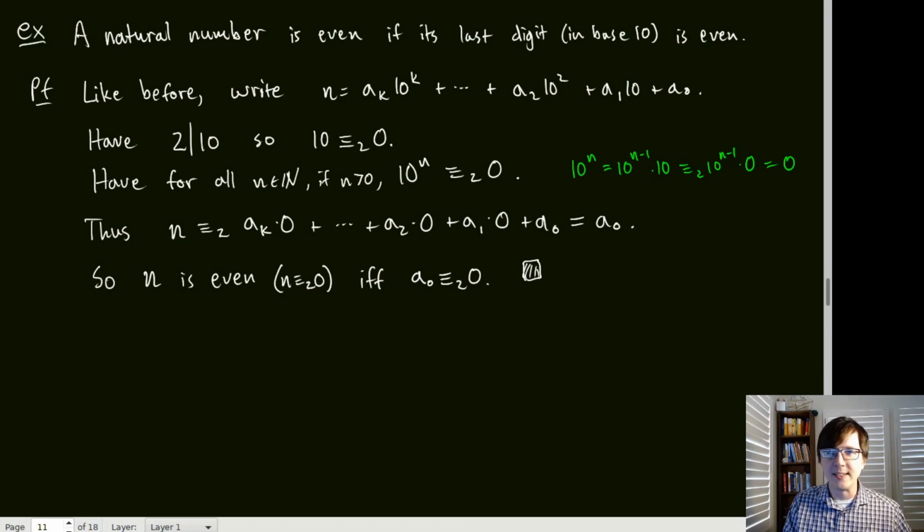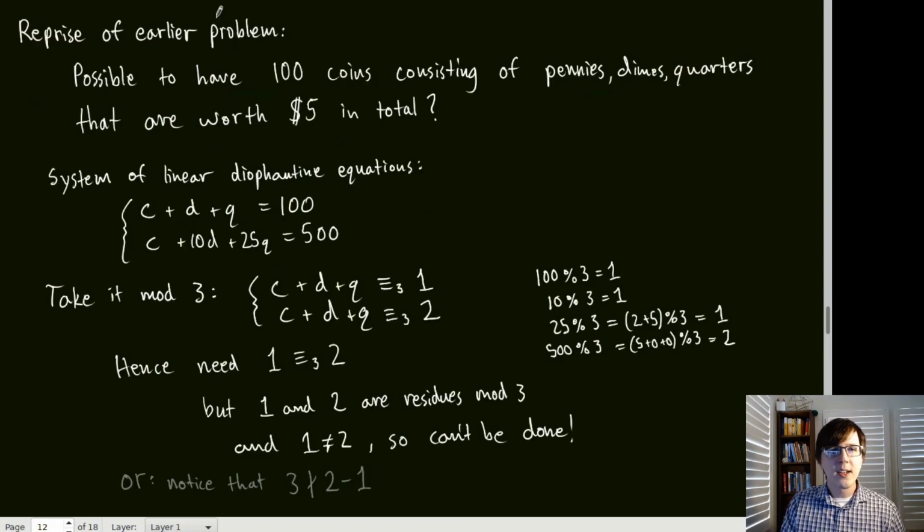Recall back to the first lecture where we talked about this coin problem, which was whether it was possible to have 100 coins consisting of pennies, dimes, and quarters, such that the total value of all the coins is $5.